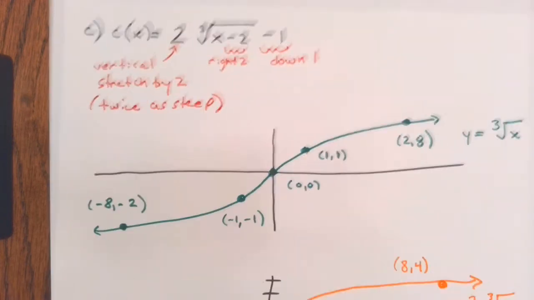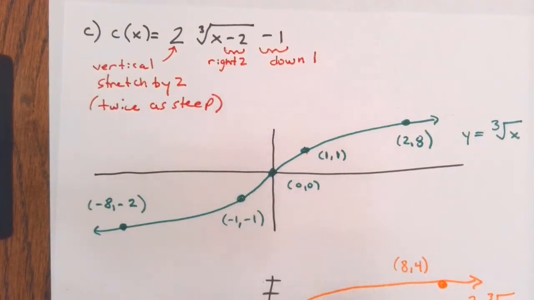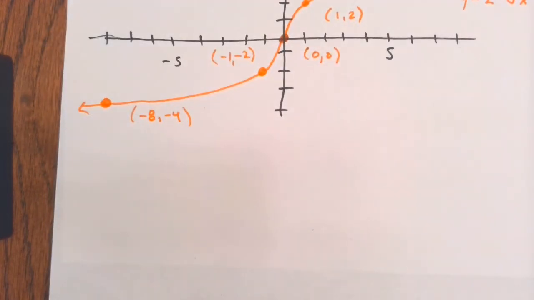We have 2 more. We can do these 2 in the same step. We can take our graph and we can slide it right 2 and down 1.